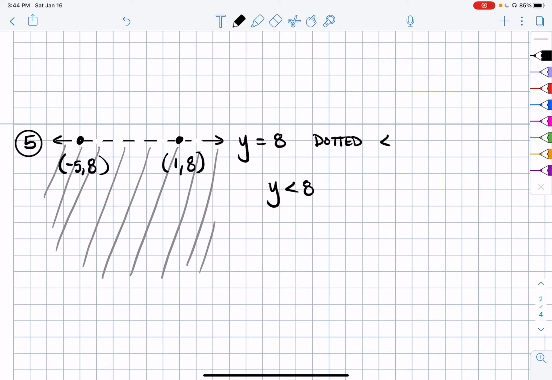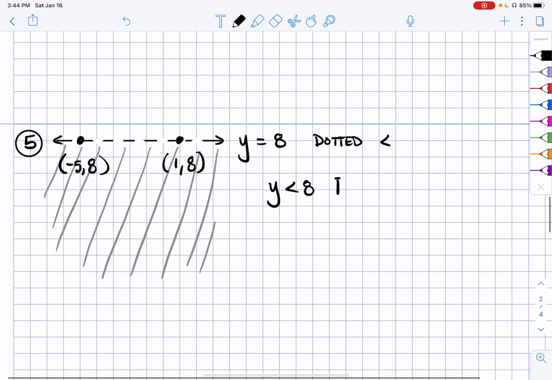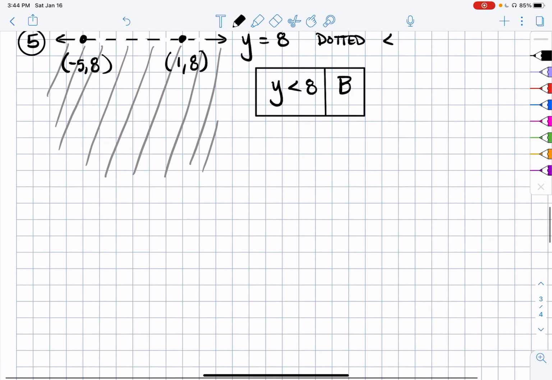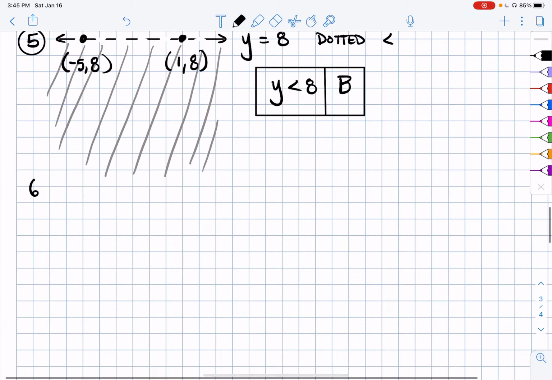Oh, that's number 5. Y is less than 8 is choice B. Right, so there we go. There you go. All right, so number 6. Here's number 6.